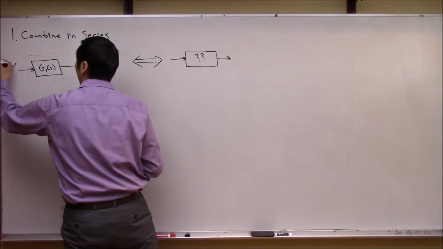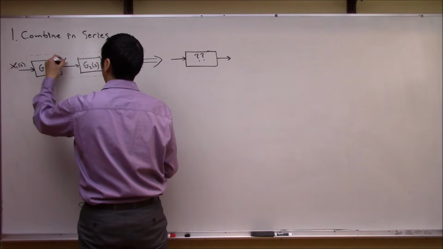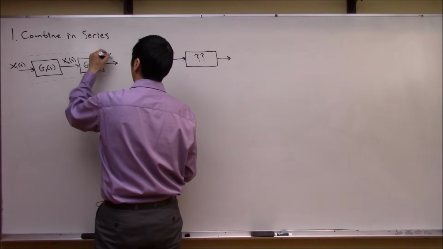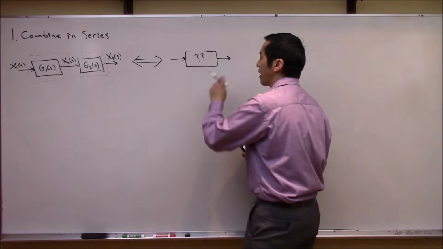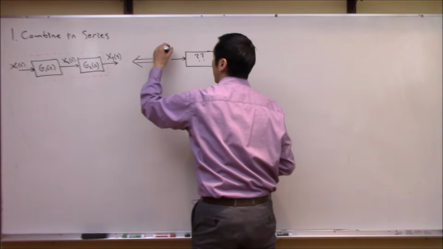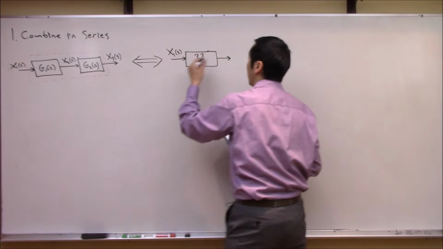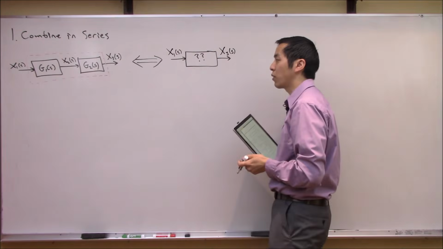Maybe let's call this x1 of S. Here's x2 of S. And here's x3 of S. All right? So what I need to make sure is that this equivalent system has the same input, which is x1 of S, and has the exact same output, x3 of S. Right? That's what I need to ensure.